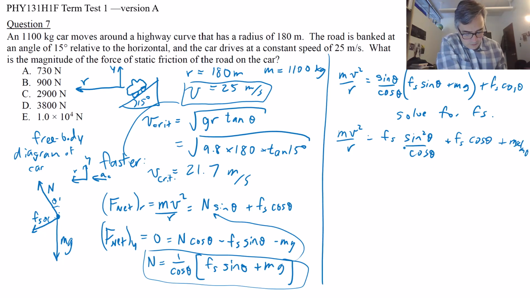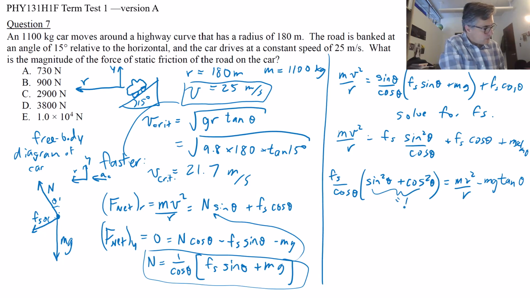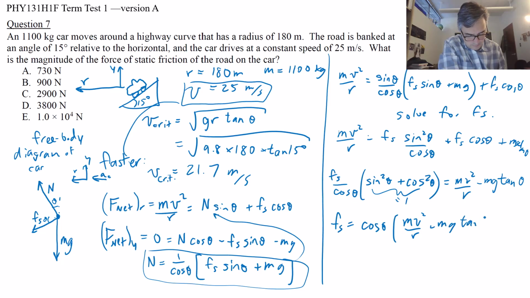If I gather the like terms, I'll have Fs, and I'm going to bring out Fs over cos theta, times sine squared theta plus cos squared theta, and that equals mv squared over r minus mg tan theta. We know from a trig identity that equals 1. So we just get that Fs is equal to cos theta times mv squared over r minus mg tan theta.